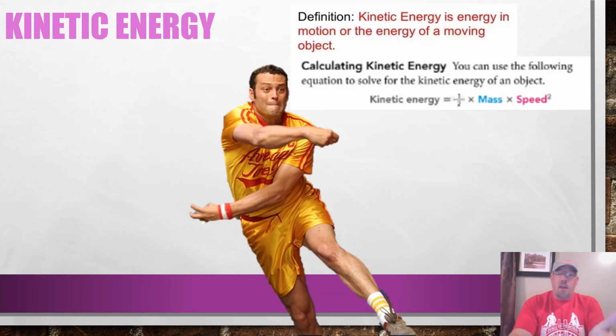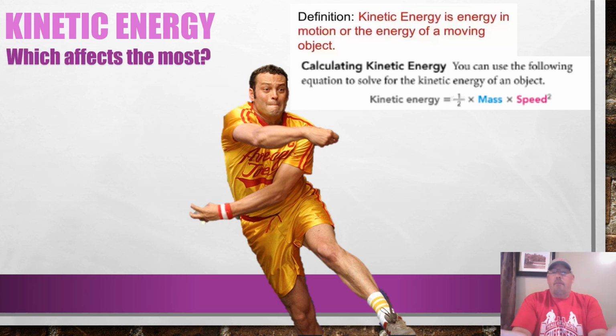So when I talk about kinetic energy, let's talk about the idea of playing dodgeball. In dodgeball, I was doing some research and found out the average speed of a dodgeball and how much it's thrown. We all know the size of a dodgeball, they're not super huge.